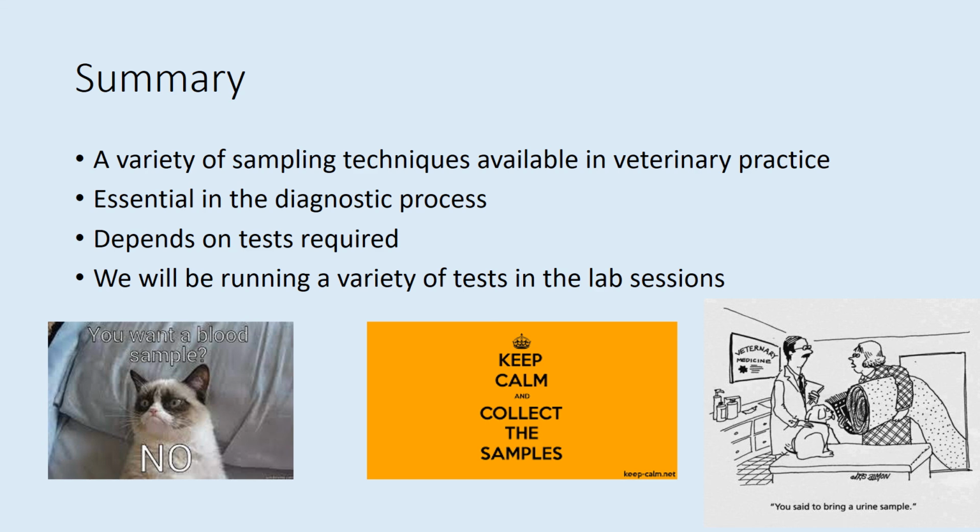So it's really important that we as veterinary nurses are able to obtain a blood sample, that we can handle them correctly, that we can run some of these tests appropriately. The actual sample that we take will depend on which test is required, and because of that we will be running a variety of tests in the lab sessions when you get to that point. So for example, we'll be doing the environmental analysis, blood, urine, feces, and a few other little bits and pieces later on in the year as well.